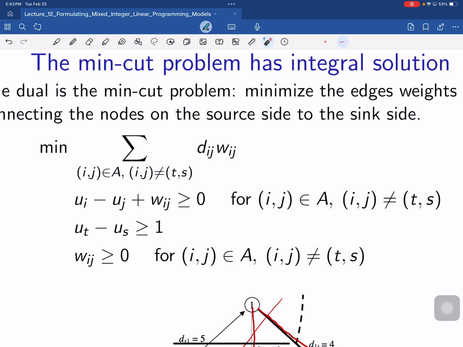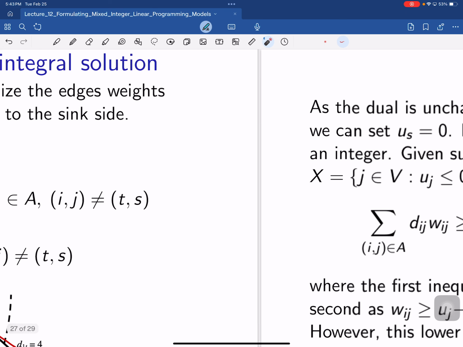So for now, you can just believe me, this problem is totally unimodular. Then all the extreme points are integral. All the right hand side parameters are 0, 1, and 0, so they are all integral, and all the solutions to this problem are integral. Now why it corresponds to the min cut problem, we can show you real quick.